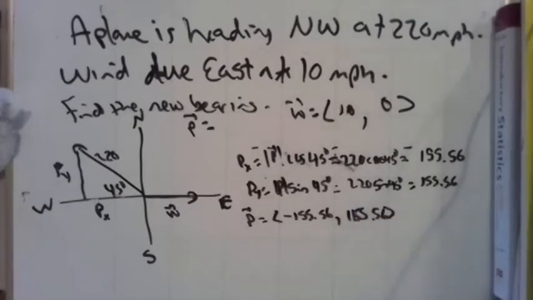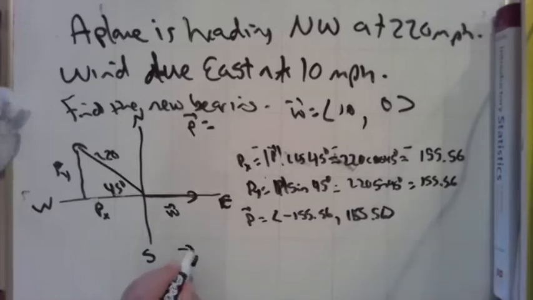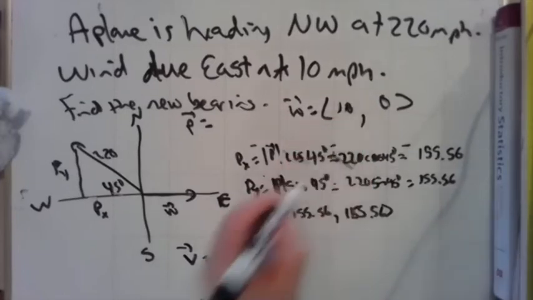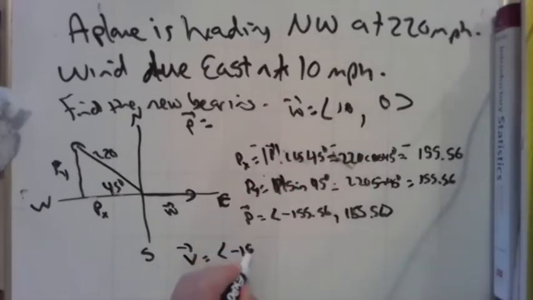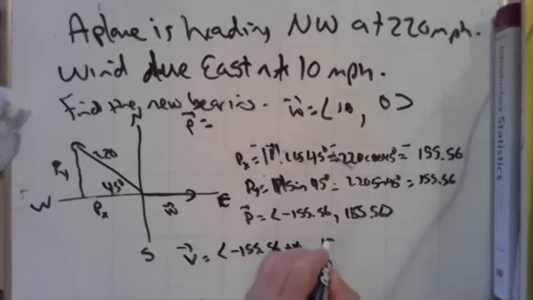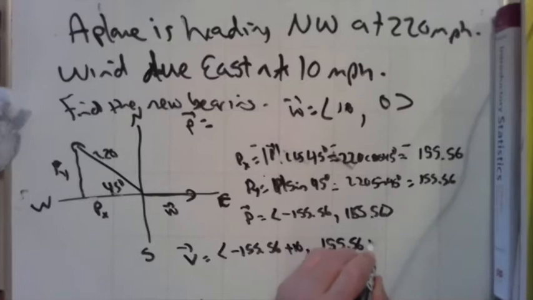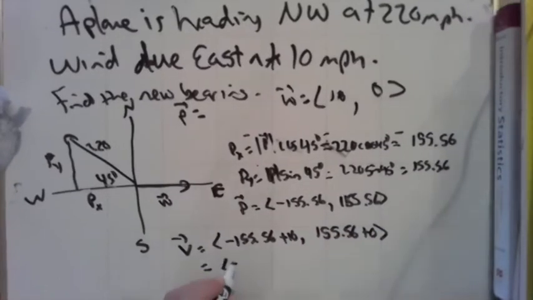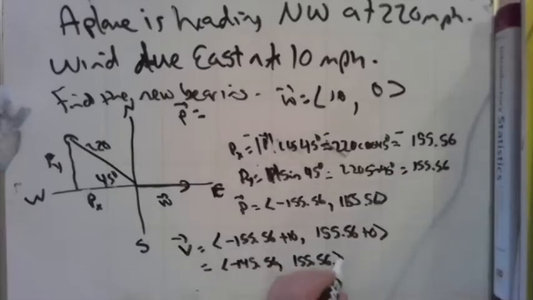Now my net velocity vector, the resultant vector, add the x's, plus 10, comma, add the y's. So that's negative 145.56, I can do that in my head, comma, 155.56. Okay, so there's my velocity vector. My units are miles per hour.